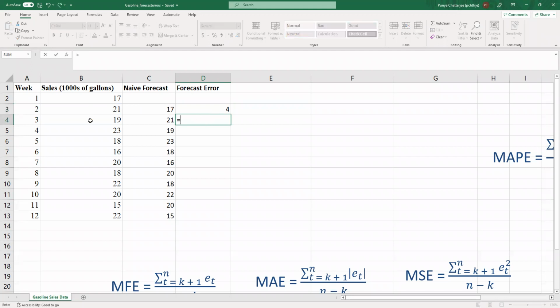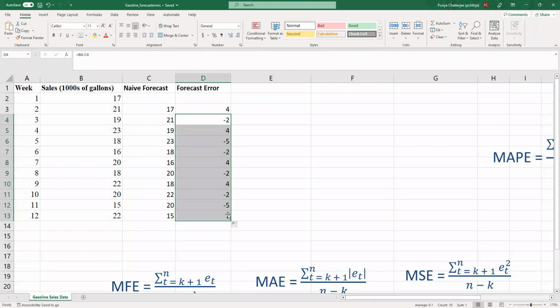Similarly, this minus this. You forecasted 21, but the sales was 19, so you overestimated your forecast by 2. You can again drag it down and fill up the rows.